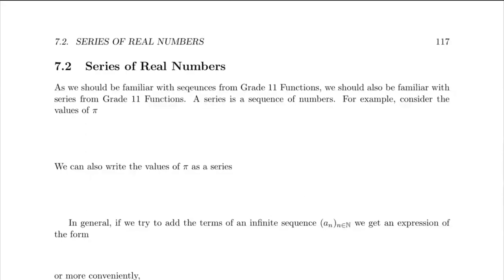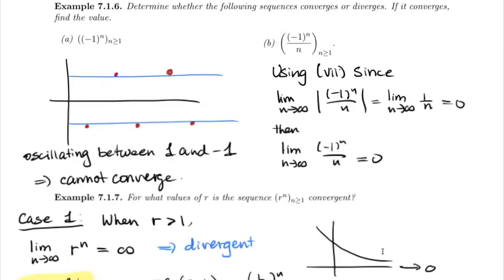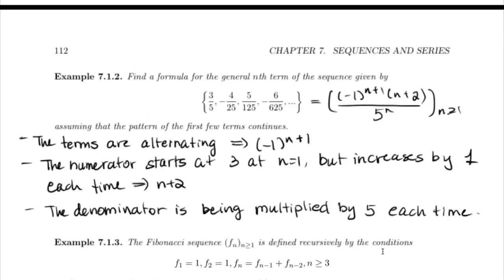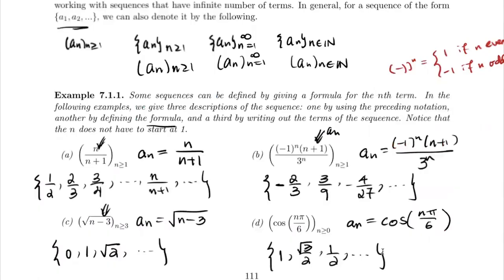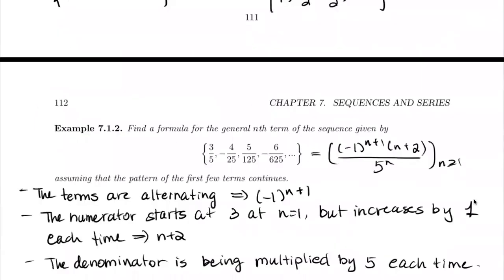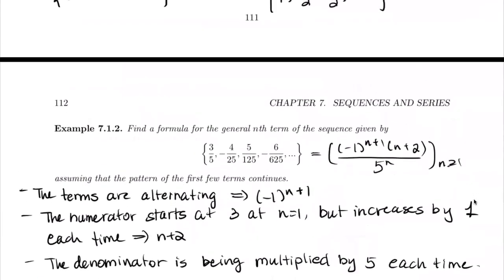So in the previous lesson, we started to have a look at the sequences and series chapter. Last time we looked at what defines a sequence, what the various forms of a sequence are, and how to find a general term formula for a given sequence.